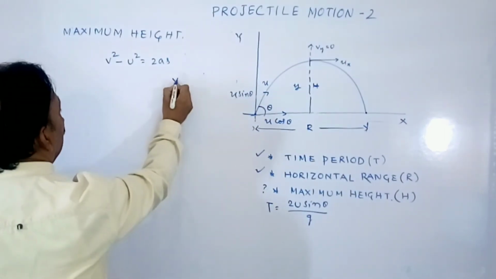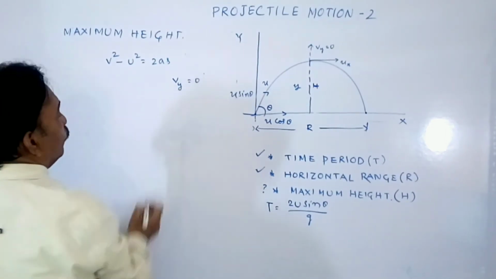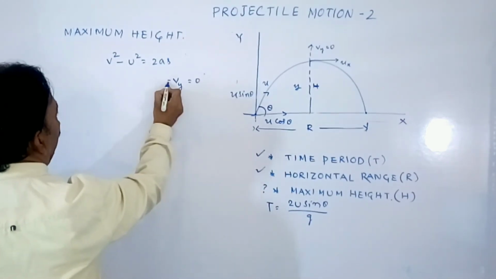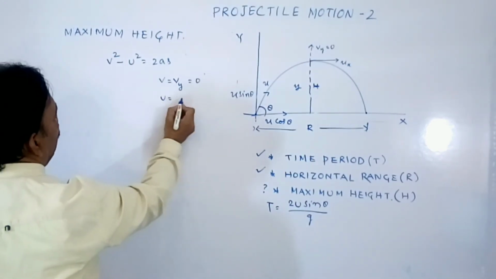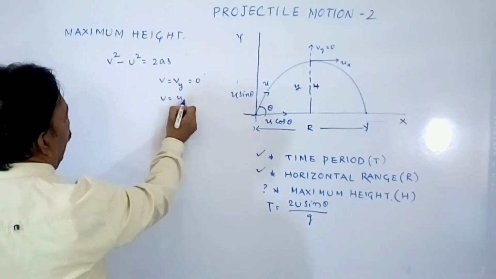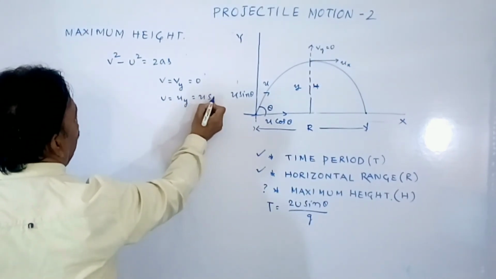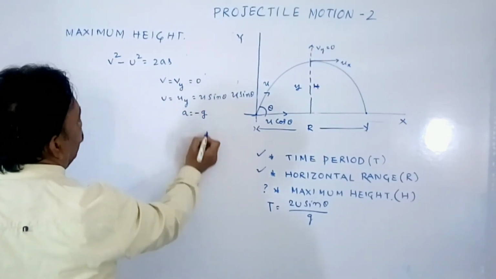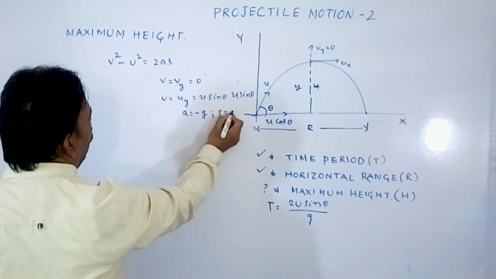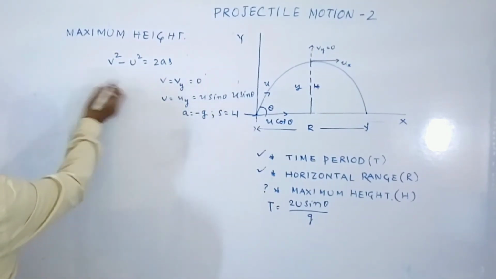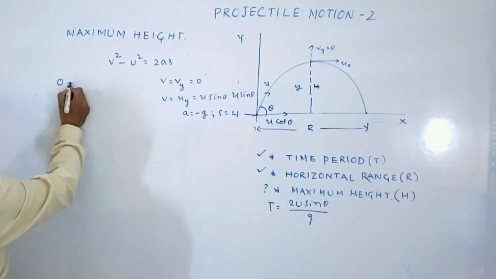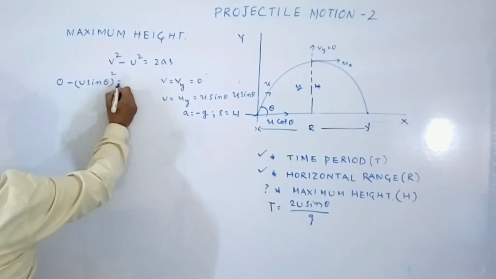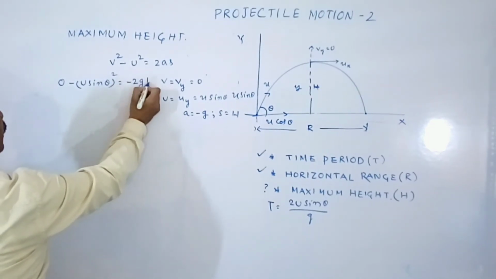Let's take vy is equal to 0. u is uy, equal to u sine theta, and a is minus g, and s is equal to h. Just put the values there. What do you get? 0 minus u sine theta whole square is equal to minus 2gh.